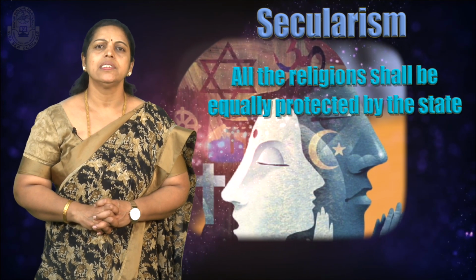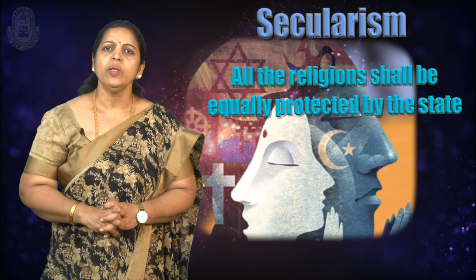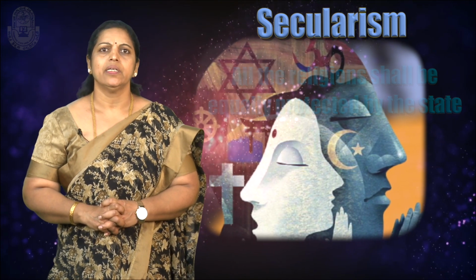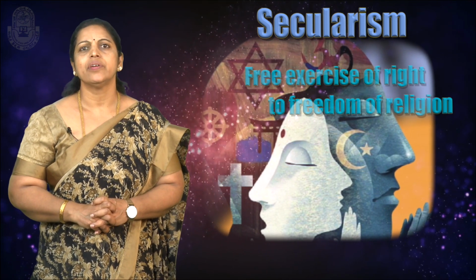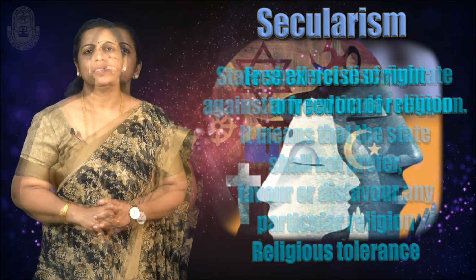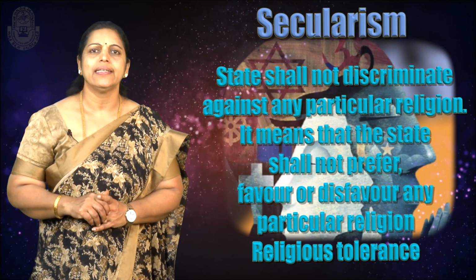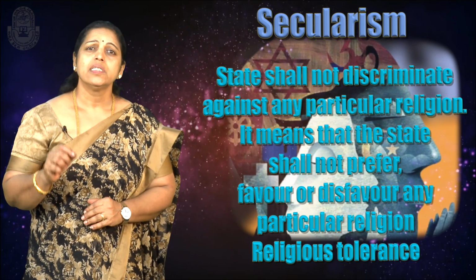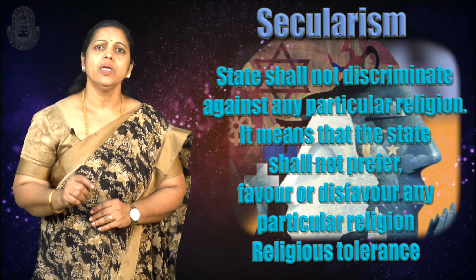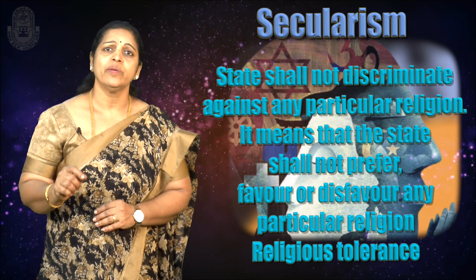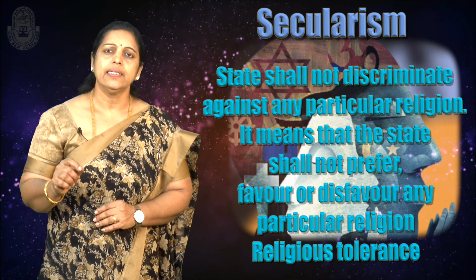All the religions shall be equally protected by the state. Free exercise of the right to freedom of religion. The state shall not discriminate against any particular religion. It means the state shall not prefer, favor or disfavor any particular religion.